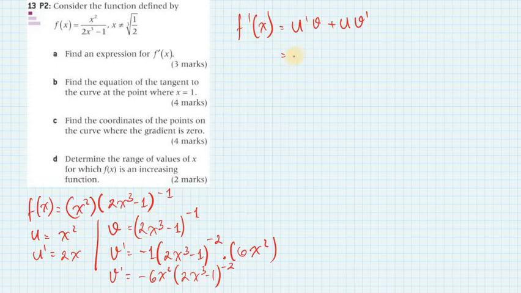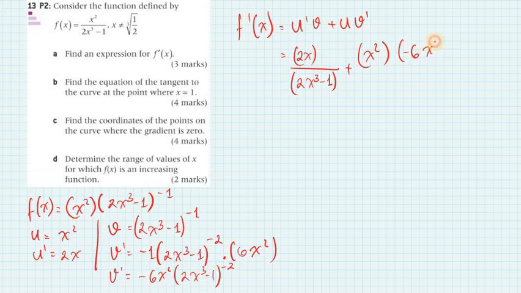So it equals u', which is 2x, times v, which is (2x to the power of 3 minus 1) to the power of negative 1, we will write it like this, divided by 2x to the power of 3 minus 1, plus u, which is x squared, times v', which is negative 6x squared, divided by (2x to the power of 3 minus 1) squared.